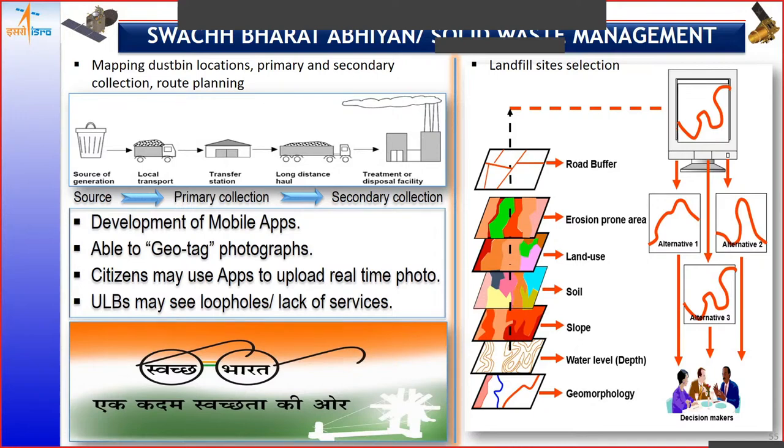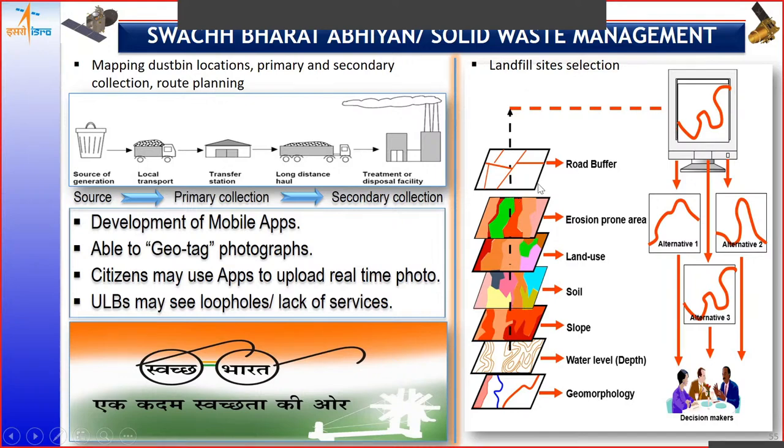So that the city remains neat and clean, and we save on fuel and energy while waste is collected from various locations. So that is one area where GNSS and also GIS can be utilized.